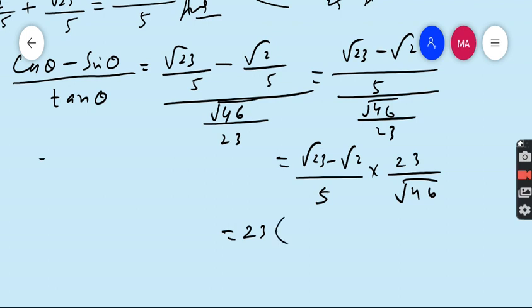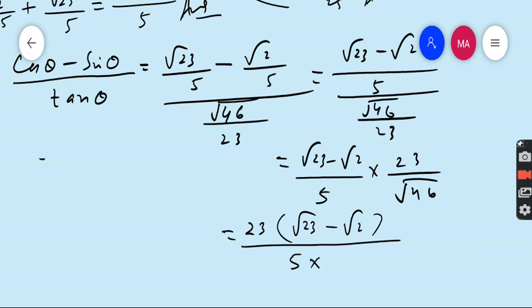23 multiply by root 23 minus root 2 upon 5 into this 46 can be written 2 into root 2 into 23, because 23 2s are 46, right?